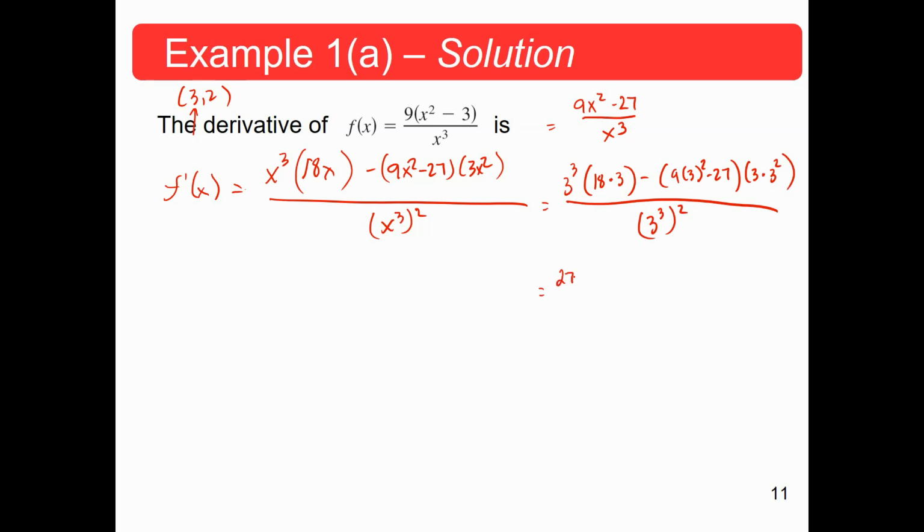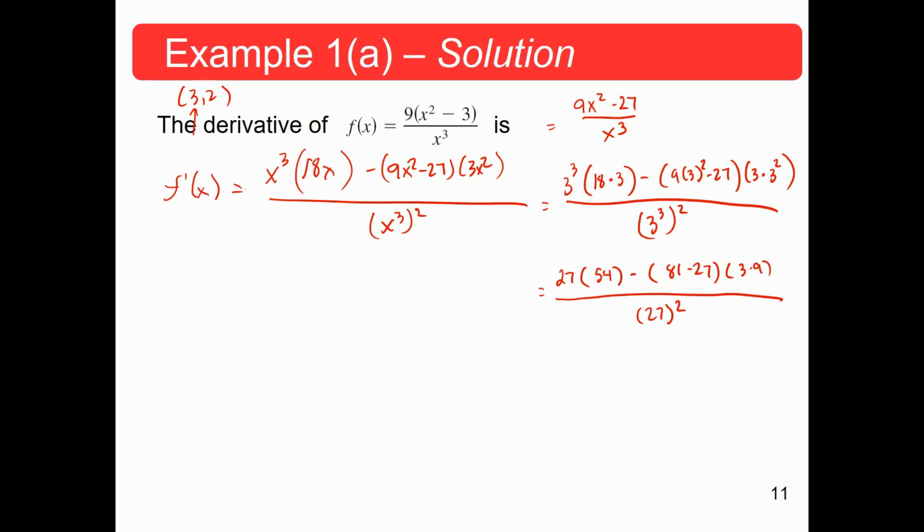So this is 27 times 54, minus 9 times 9, which is 81, minus 27 times 3 times 9, all over 27 squared.